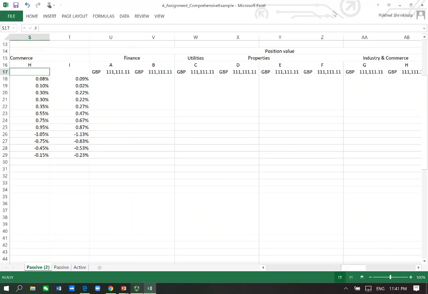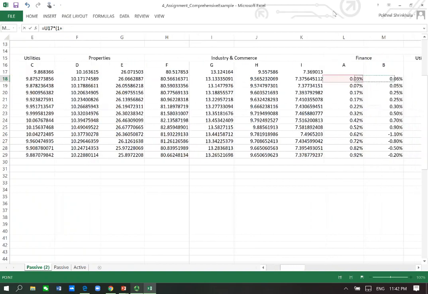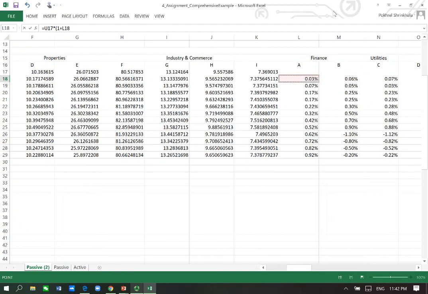Alright, now what I am going to do is find out how my portfolio values change. So for that, this was the amount 111.11 invested in stock A. Now what will it be in the next week? I can find it out by simply multiplying it with the rate of return which I had calculated, which is 0.03% in this case.